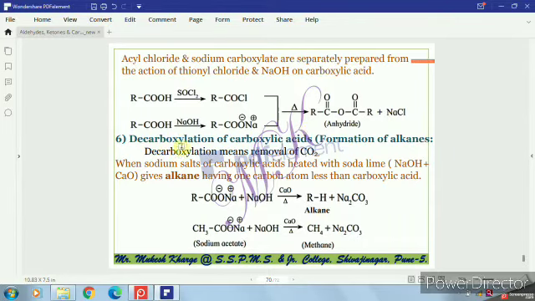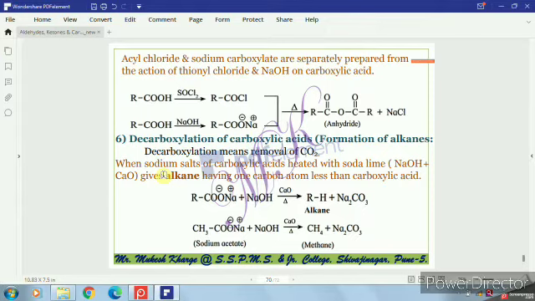Then next reaction is decarboxylation. Decarboxylation means loss of carbon dioxide, and you have to carry out decarboxylation of carboxylic acid, that gives alkanes as a product.